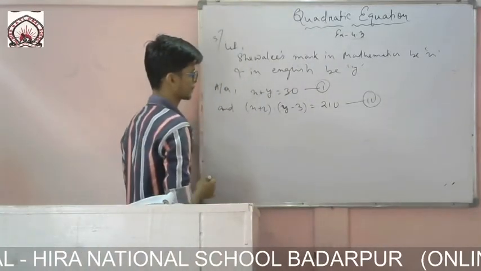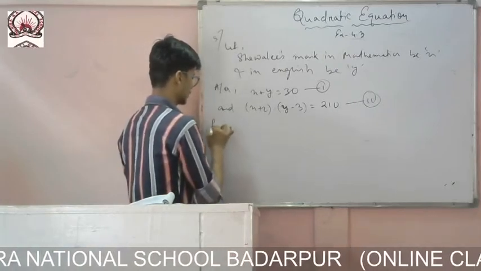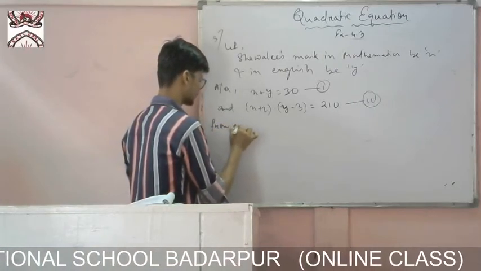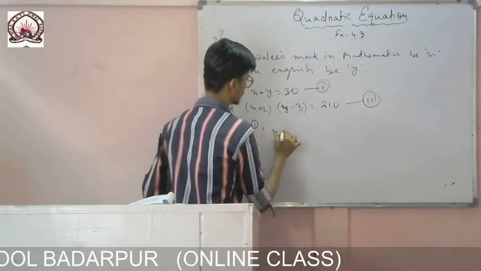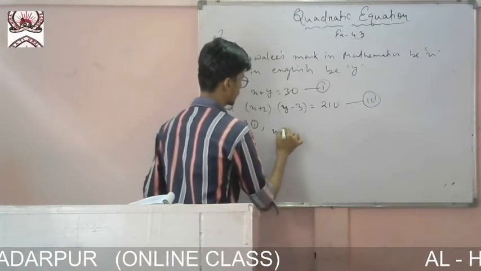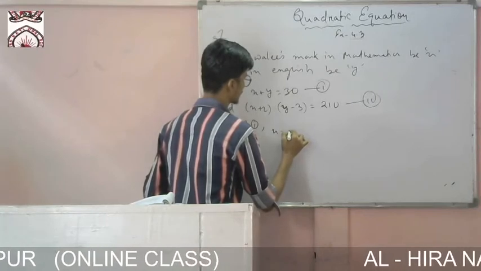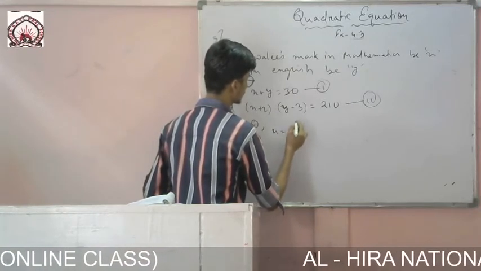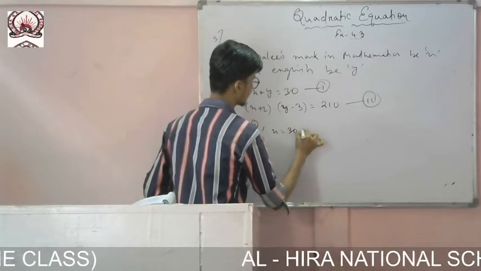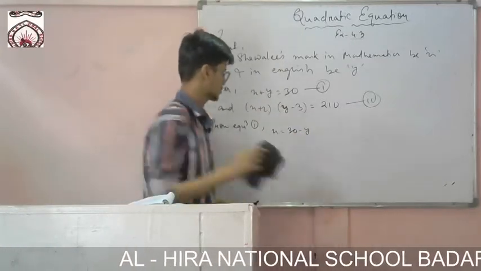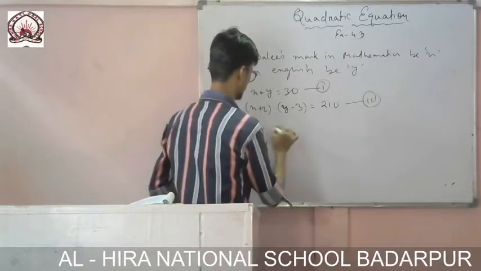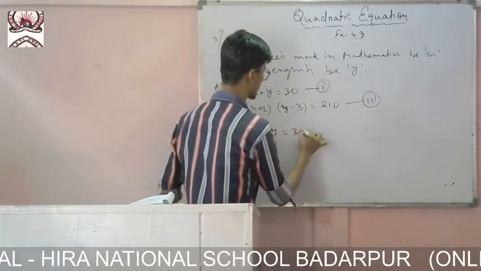So from equation 1, I can write x equals 30 minus y, or y equals 30 minus x.